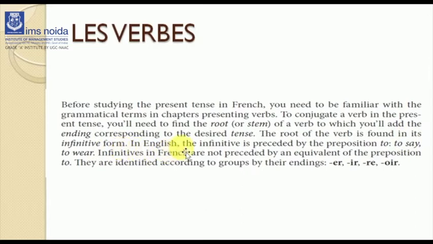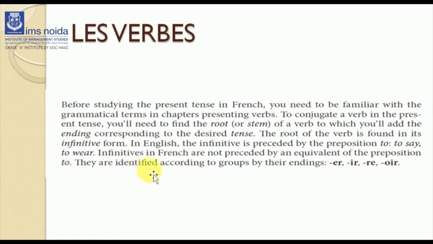In English, the infinitive is preceded by the preposition to. For example, to say, to wear, etc. Infinitives in French are not preceded by an equivalent of the preposition to.